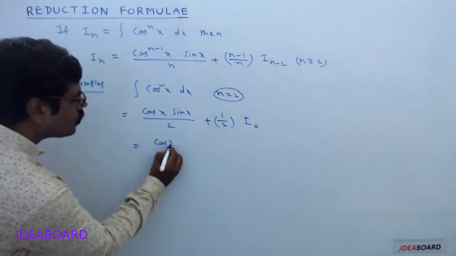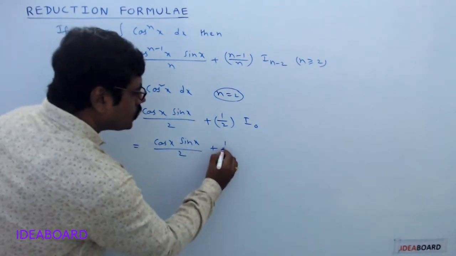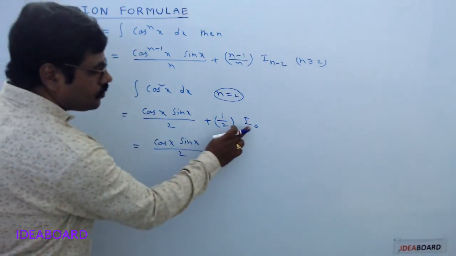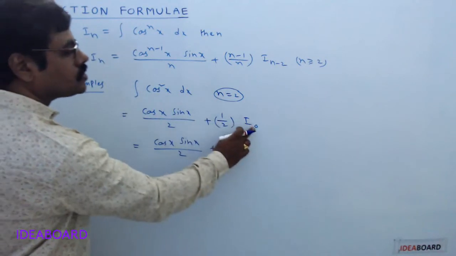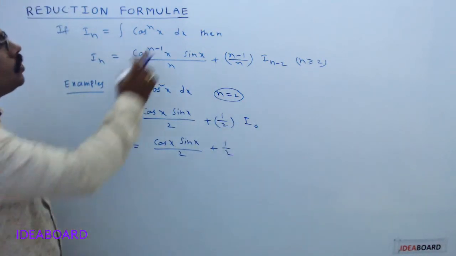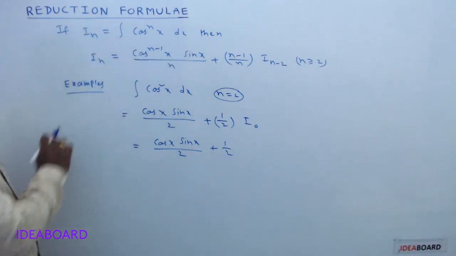This equals cos x into sin x divided by 2 plus half into I0. Here, if you compare this I0 with In, your n value is 0. If the value of n is less than 2, use this function. So substitute n equals 0.